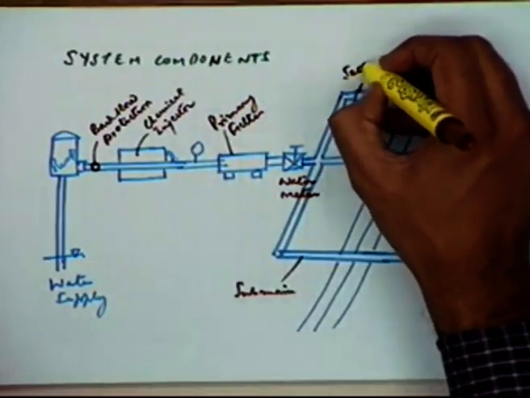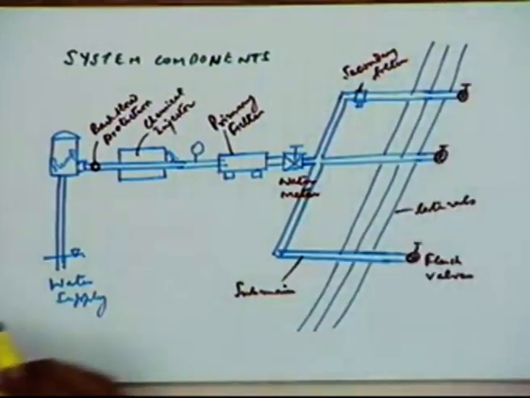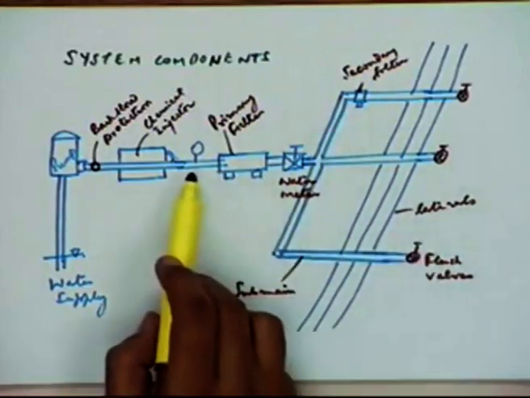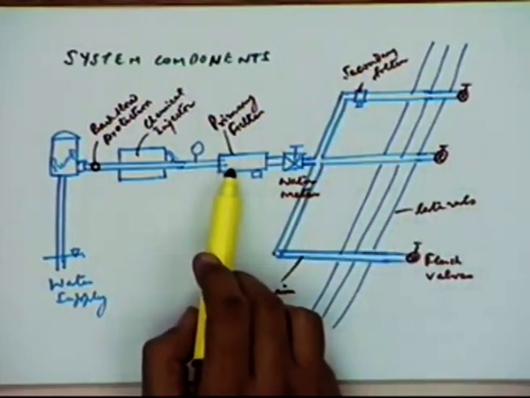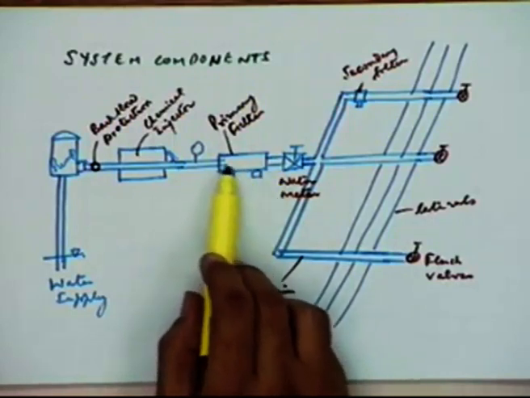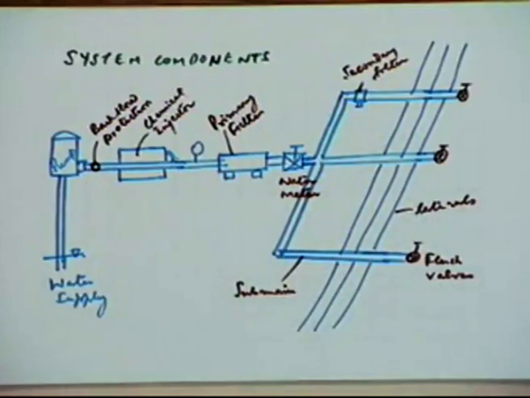This is a secondary filter which can trap any fine material still left after the water has come through the primary filter.